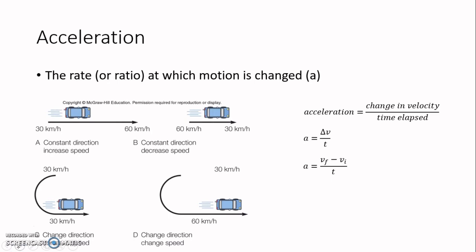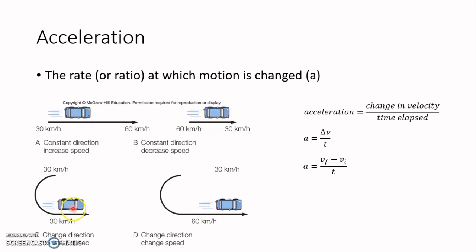Here in the top, we have a car going 30 kilometers an hour and then accelerates or speeds up to 60 kilometers an hour. On the right, we have a car that's going 60 kilometers an hour, but then slows down to 30 kilometers an hour. In both of these cases, we have an acceleration dealing just with the speed.